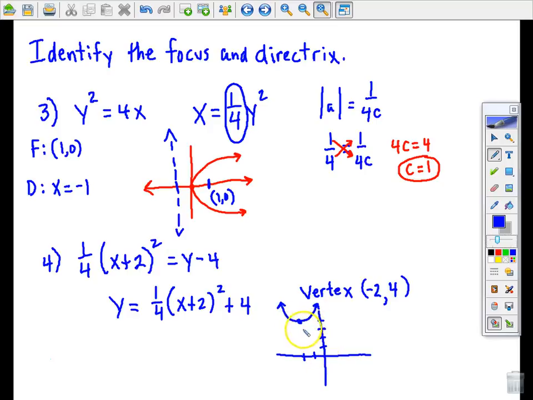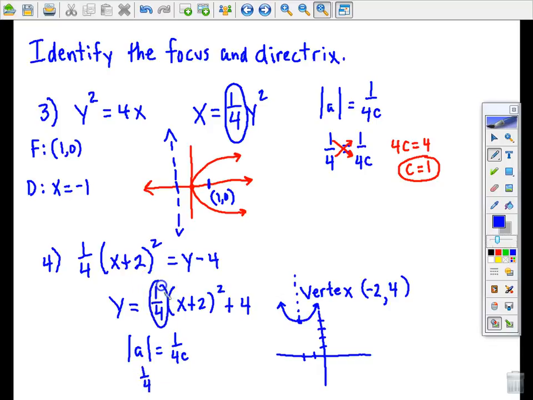Okay, so what that tells me is that somewhere straight up from the vertex will be my focus. Well, how far? Well, that's what C tells me. C in this little formula. If I solve for C, then I'll know exactly how far to go up. Okay, well, we're going to let A be 1/4.